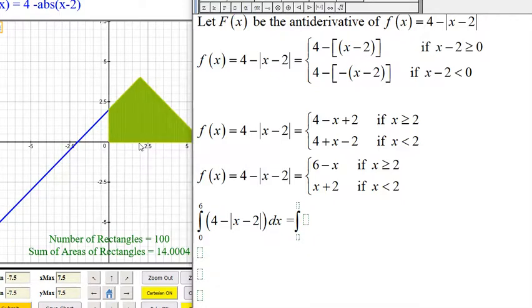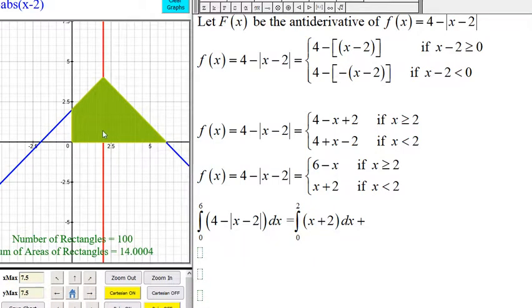From 0 to 2, x is less than 2, so the integrand will be x plus 2, dx. This integral is for this shaded region right here. Let's put a line here, so this is 2.